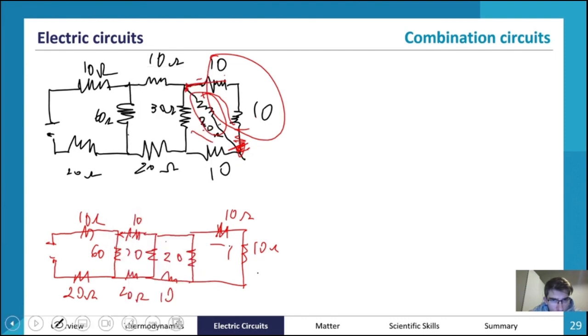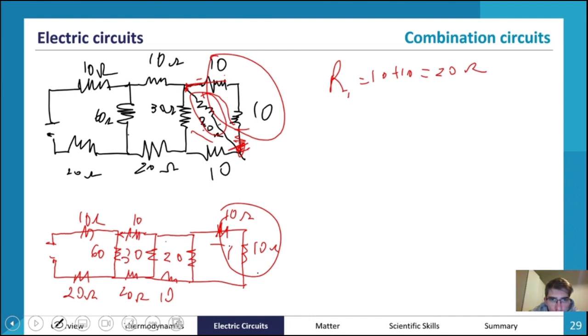So hard to draw with your finger. But yeah. So the total resistance of these two, they are in series. That would be 10 plus 10. So that would be around 20 ohms.